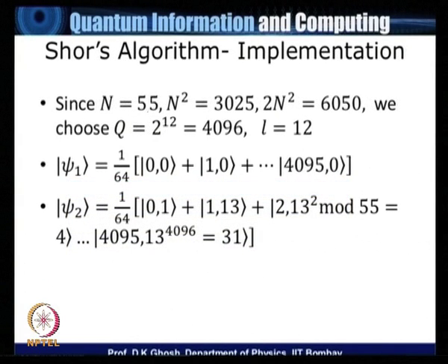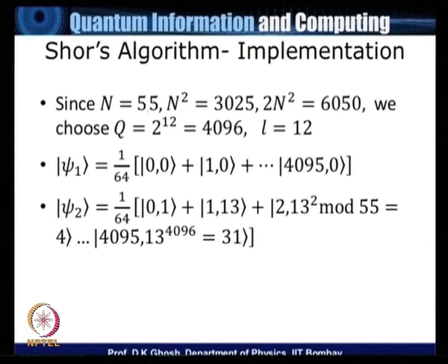Our next job, if you recall, having chosen a q, which is in this case 4096, a 12 qubit register, is to write down the initial state, psi 1, which is equal to 1 over square root of 4096, that is 64, and the first register is now a linear combination of all the basis states, 0, 1, 2, 3 up to 4095, and the second register still continues to be in state 0.